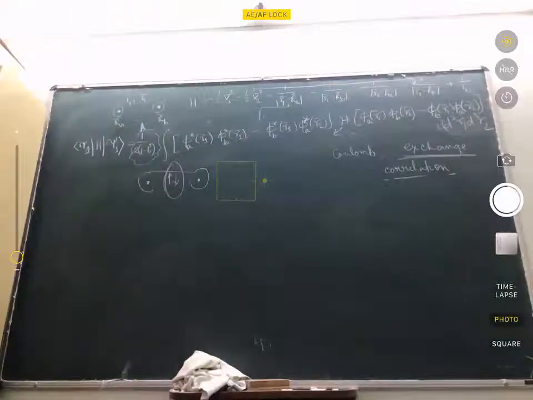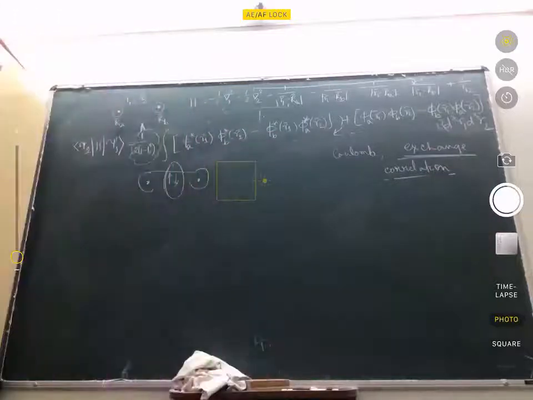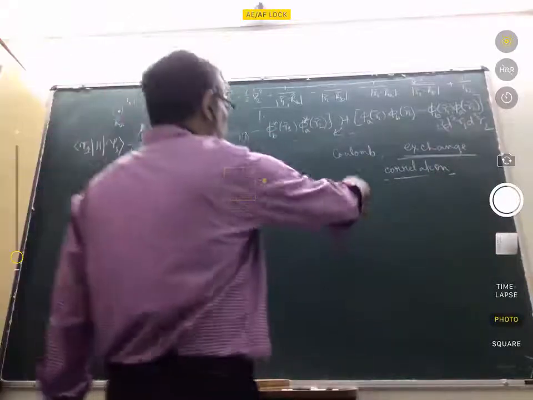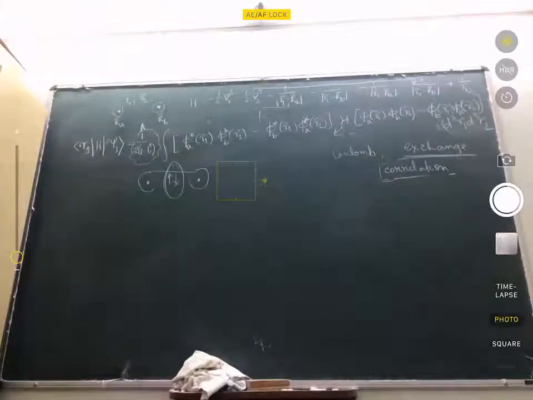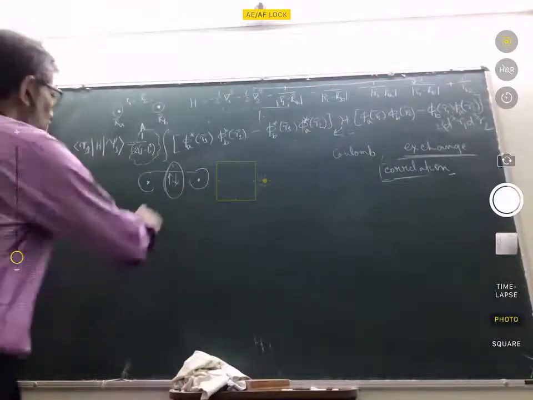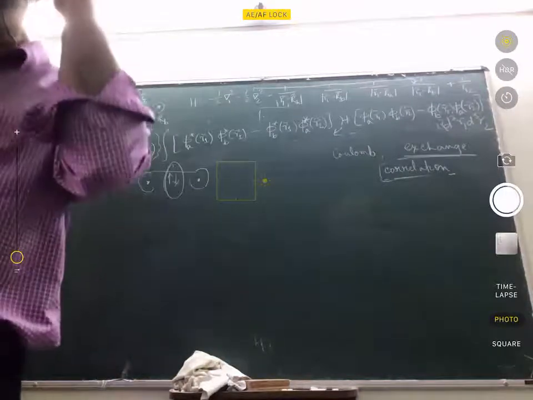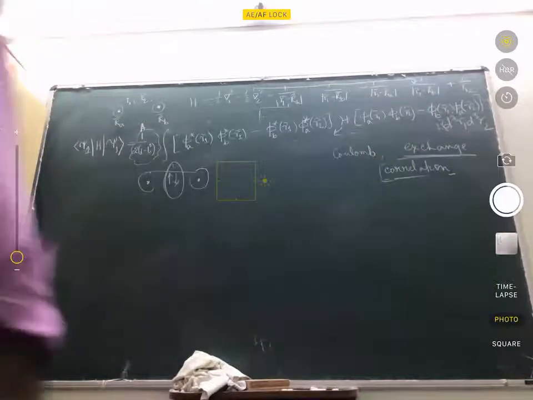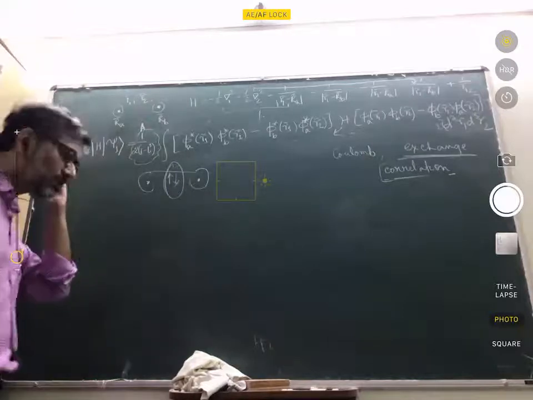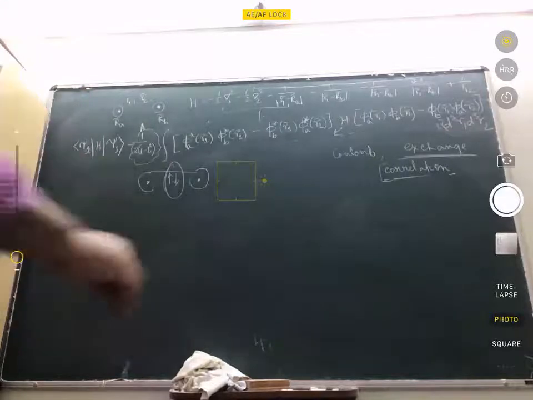Okay, but the point is that there are effects that go beyond the exchange term, and those are called the correlation effects. In order to capture those correlation effects, there's a bit of formal theory which I cannot discuss here, but one cannot confine oneself to just the ground state Slater determinant wave function. One has to look at higher energy Slater determinant wave functions in order to capture those correlation effects. I'll just give you the name.